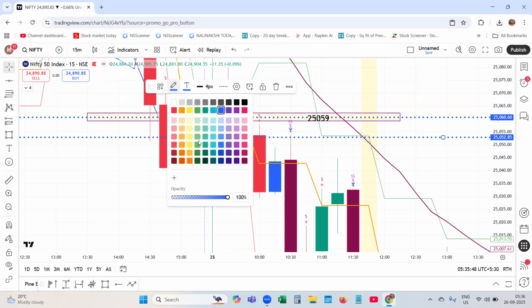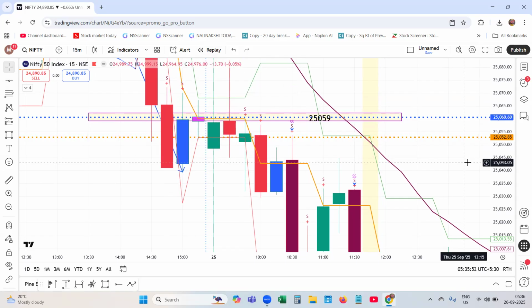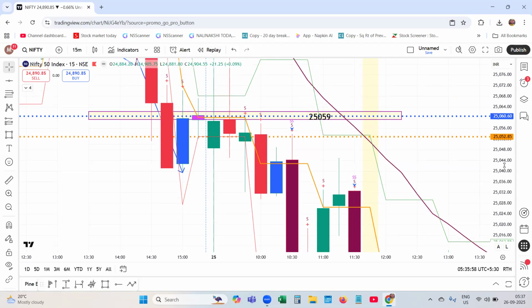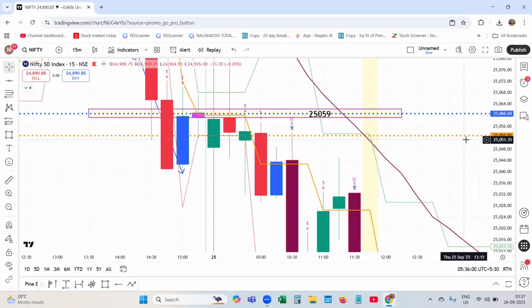Let me make it red. So these are the lines you need to watch. The price is 25,052. When it loses its support line, price starts behaving as a retest to that level and rejection. You can see there.